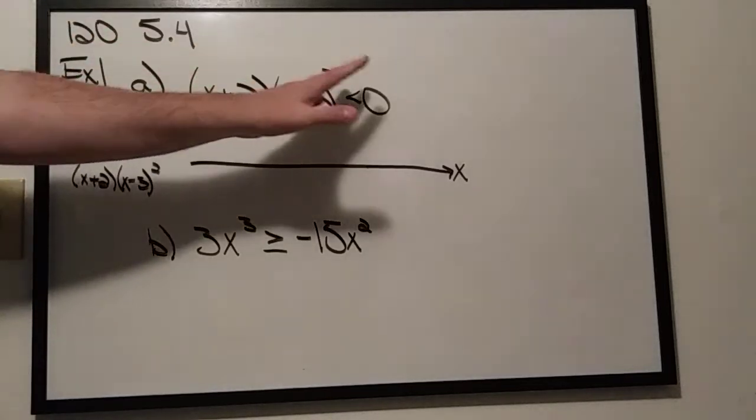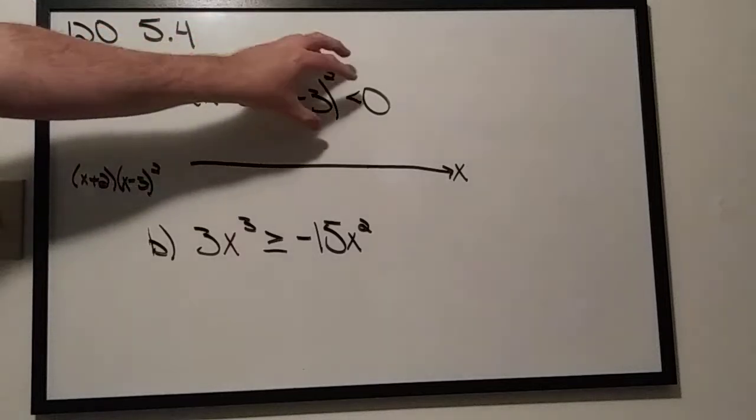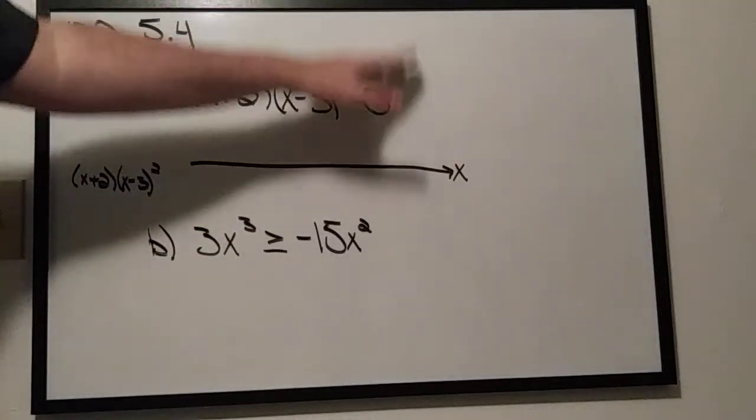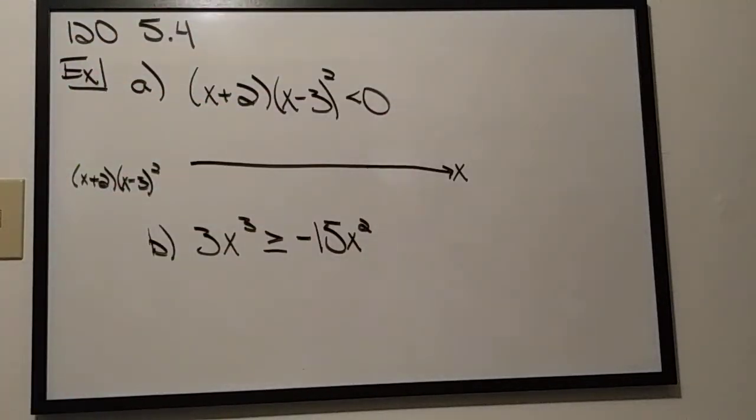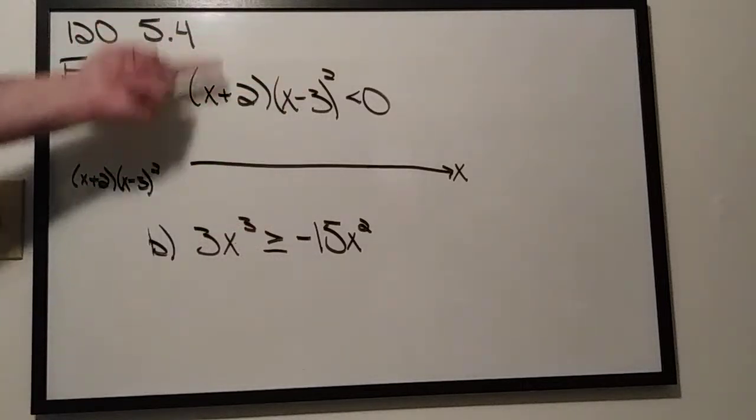So you'll notice in part A, we have the expression on the left-hand side, and we have the 0 on the right-hand side, and the expression on the left-hand side is factored. Because of the setup, we're actually ready to go directly to the x-axis for our sign chart. Because it's already factored, we can read off the zeros.